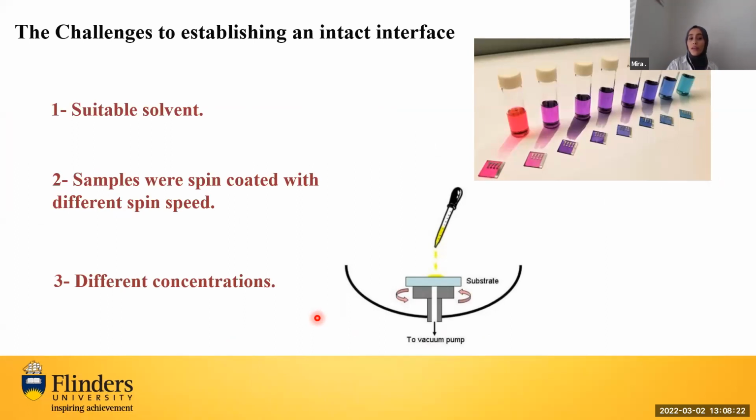We also have to think about the best spin coating conditions to form a thin active layer on top of P11, and the concentration plays a significant role. So we should change the concentration to achieve a good thickness and a good interface between those two materials.